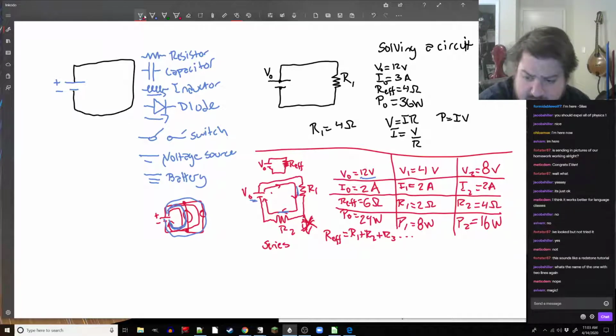This is another rule for circuits, which is that all of the powers, no matter where they are, if you have 30 things, P1 through P30, add them all up, they have to add back up to the original P0. Doesn't matter where they're placed in the circuit, how they're connected, as long as they're in the circuit, all the powers add back up to the original power, which is pretty cool.